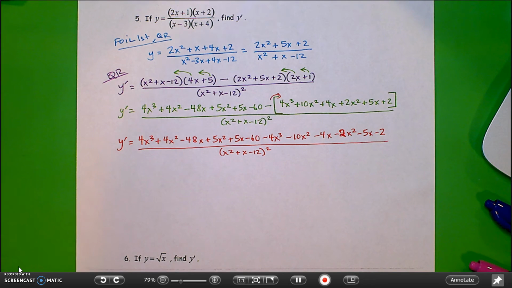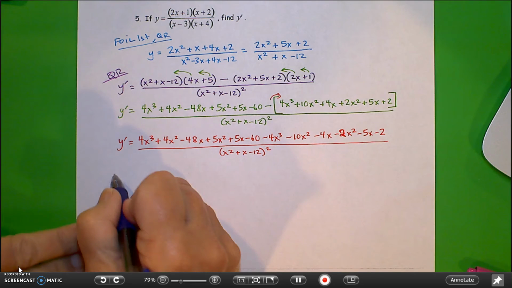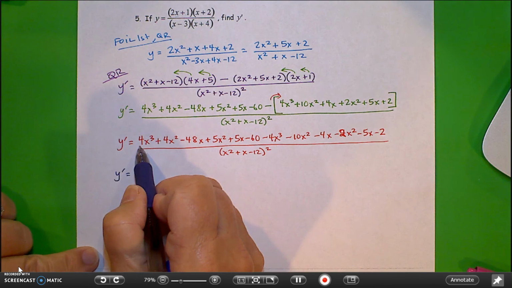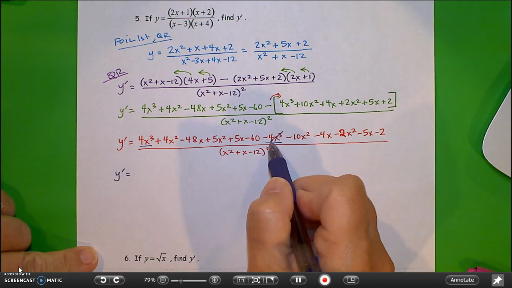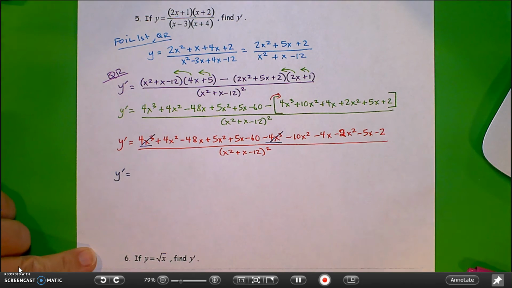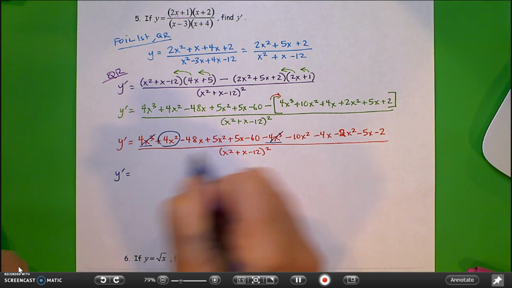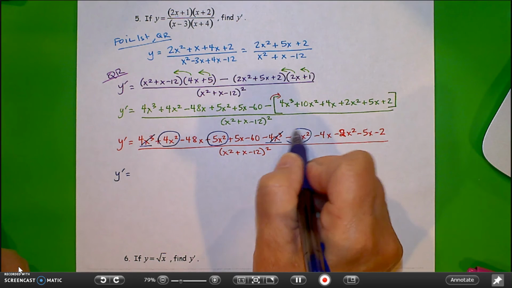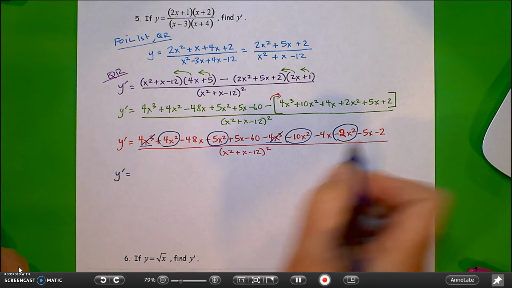Okay, now combine like terms. How about x cubes? I've got a 4x cubed and a minus 4x cubed. Alright, those cancel. That's all there is of those. Now my squared terms. I have a 4x squared, 5x squared, negative 10x squared, negative 2x squared.